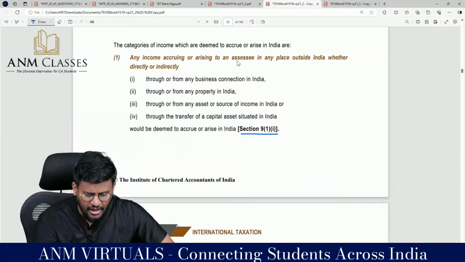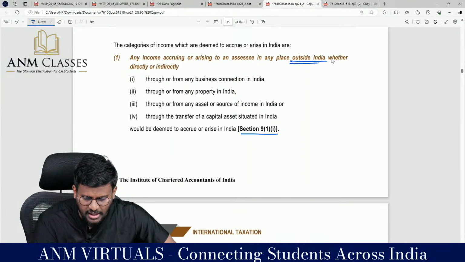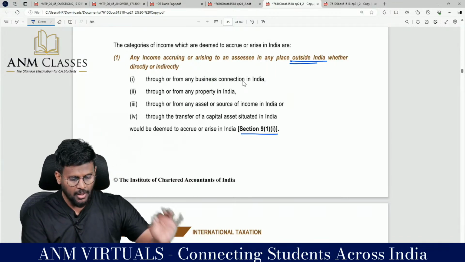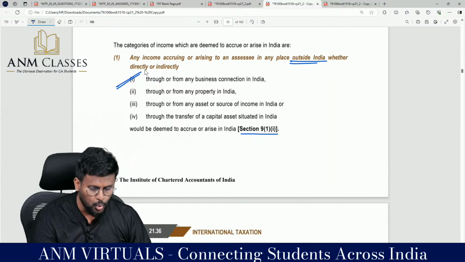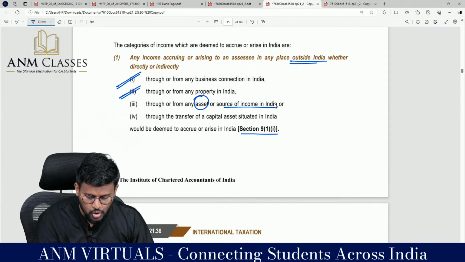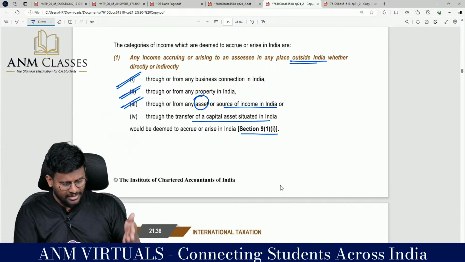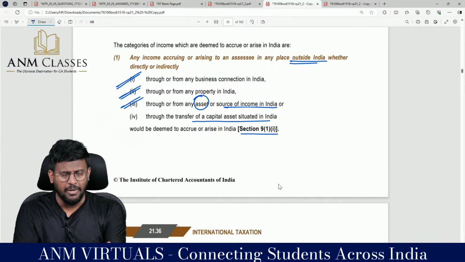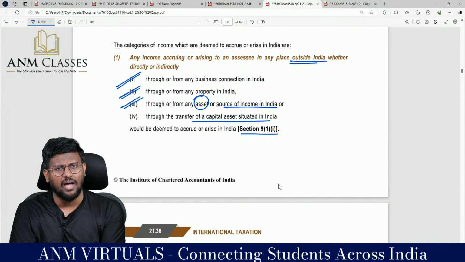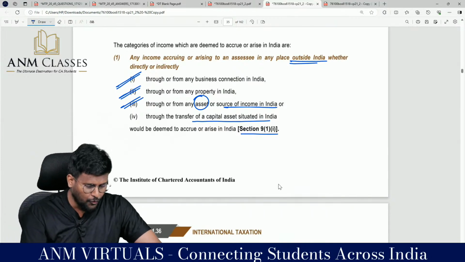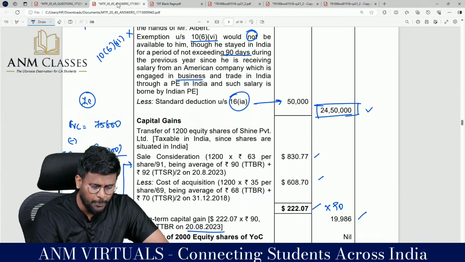Any income accruing or arising to an assessee in any place outside India, whether directly or indirectly, through or from any business connection in India, through or from any property in India, through or from any asset or source of income in India, or through the transfer of capital asset situated in India. So, the shares of an Indian company means capital asset is situated in India, income is deemed to accrue or arisen in India. So, for that, he is liable to pay capital gain.